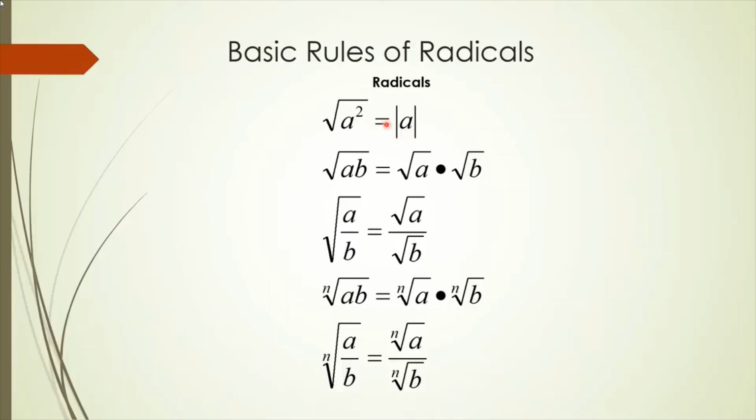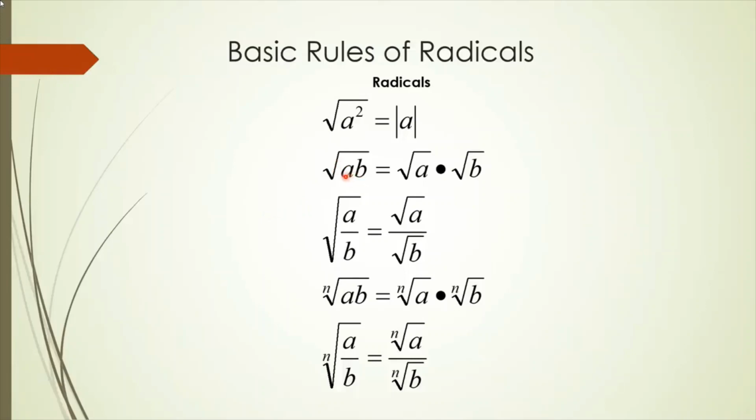But in some sections, you don't have to worry about that much with the absolute value bars. So just pay attention to the directions. You can also get a gist of what they want as far as looking at the example problems.